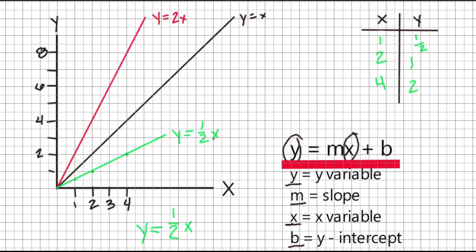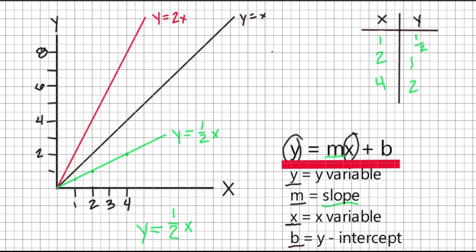Okay, so let's think about how these work together. As your m increases, and remember your m is your slope, the bigger your slope gets, the steeper it becomes. And obviously, the smaller it gets, the flatter your line becomes.